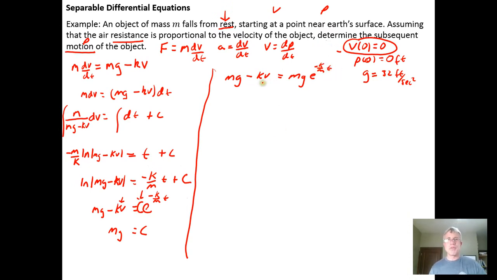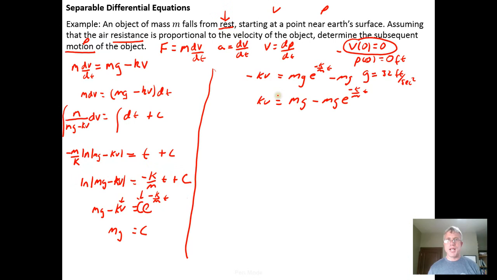And now I'll solve it for v. So I'll subtract the mg from both sides, which will take that off. If I multiply both sides by -1, it will change the order here of this subtraction. So I'd get mg minus mg e to the minus k over m times time, being kv, multiplied both sides by -1. Notice that the mg could actually factor out.